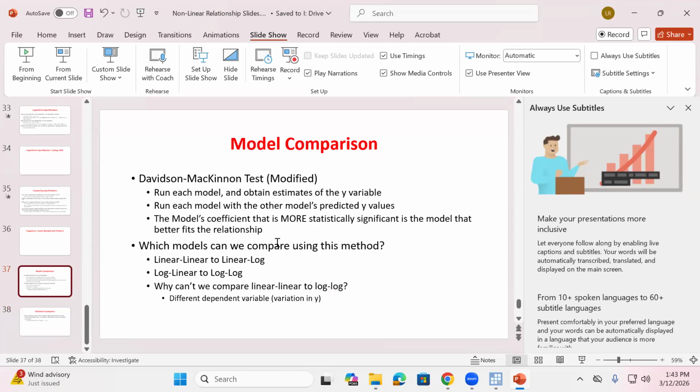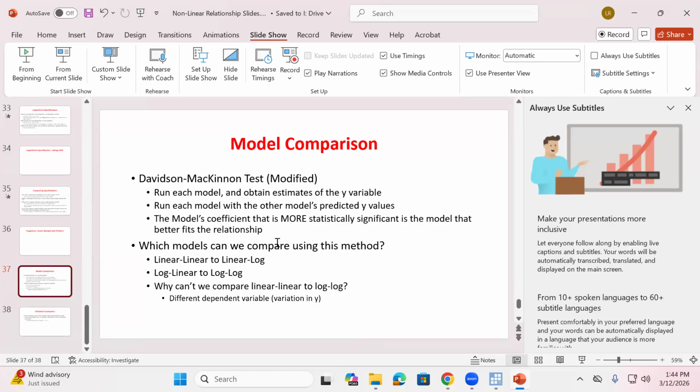If I compare the r squared of a linear to a log model, by taking the natural log of y, inherently, what am I going to do? I'm going to change the variation that exists in y. And so my total sum of squares is going to be different. So I shouldn't really be comparing those, right?